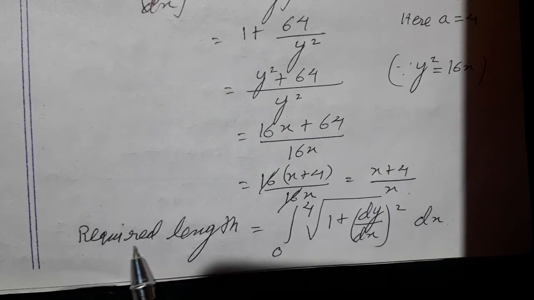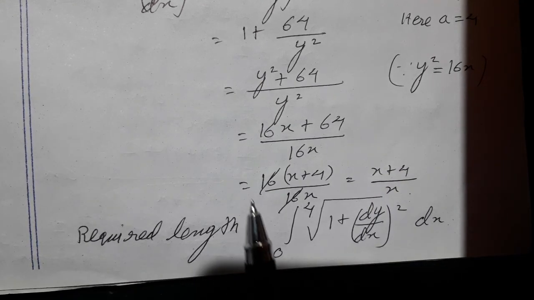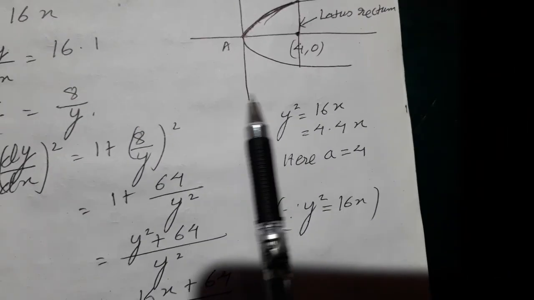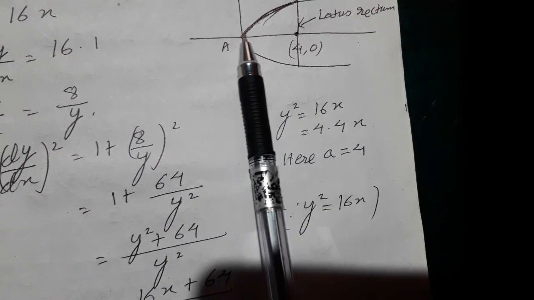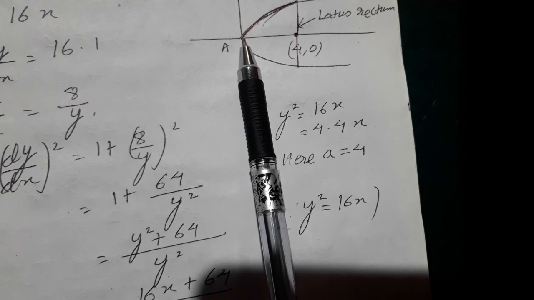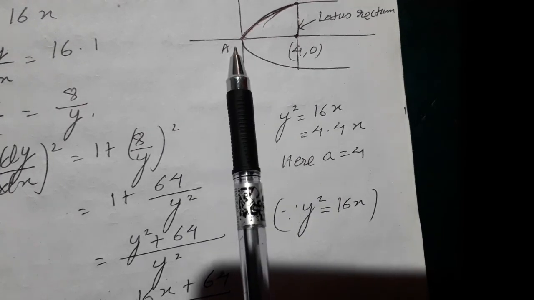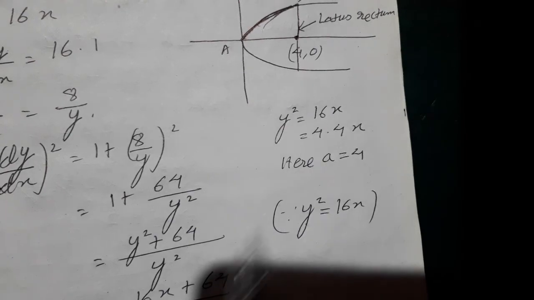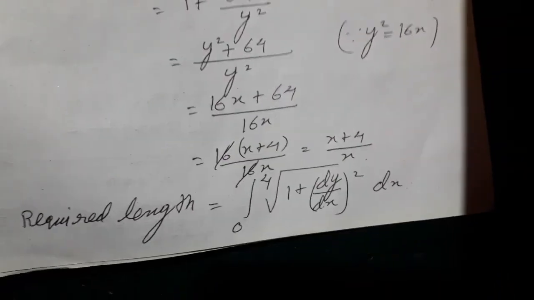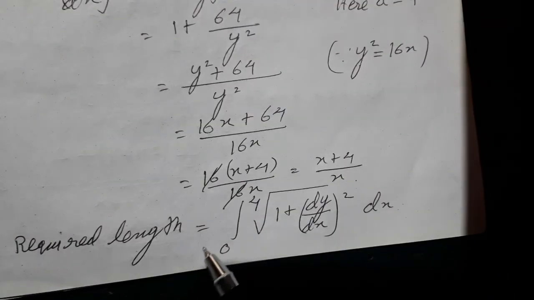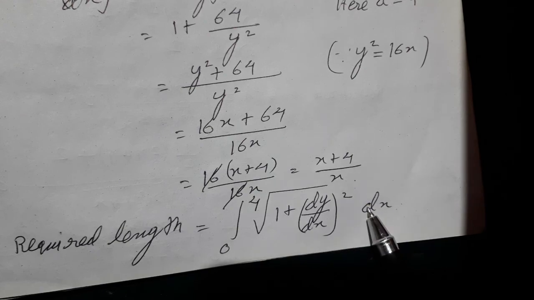Now we'll try to find the required length. Here we are finding it along the x-axis. The coordinate at this point is 0 0, and the coordinate here is 4 comma 0. So x is ranging from 0 to 4. That's why we are giving the integration limit as 0 to 4, square root of 1 plus dy by dx whole thing square dx.